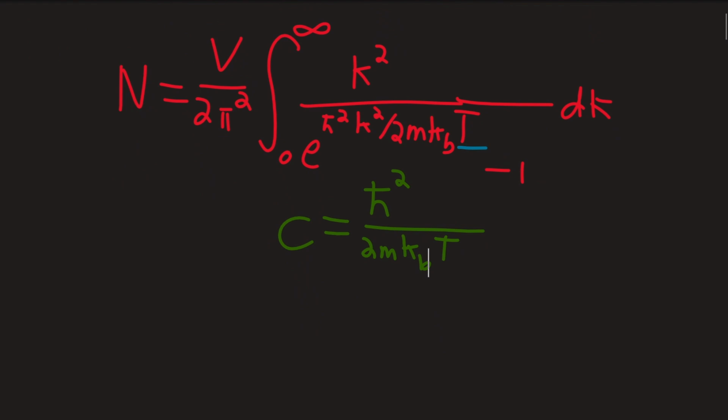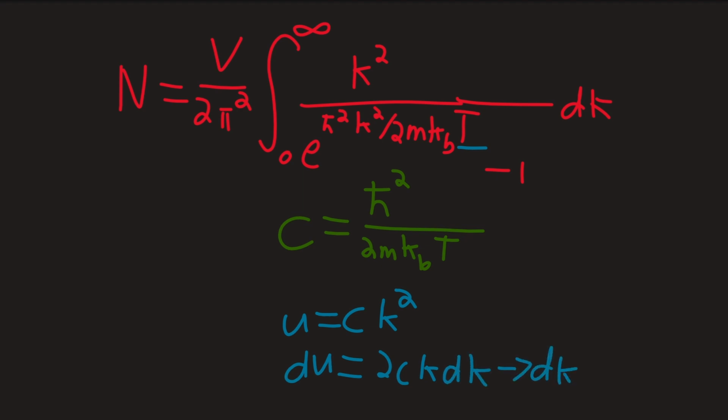We can literally just say, well, u is equal to ck squared, meaning that du right here is equal to 2ck dk, which gives us that dk is equal to du over 2ck.